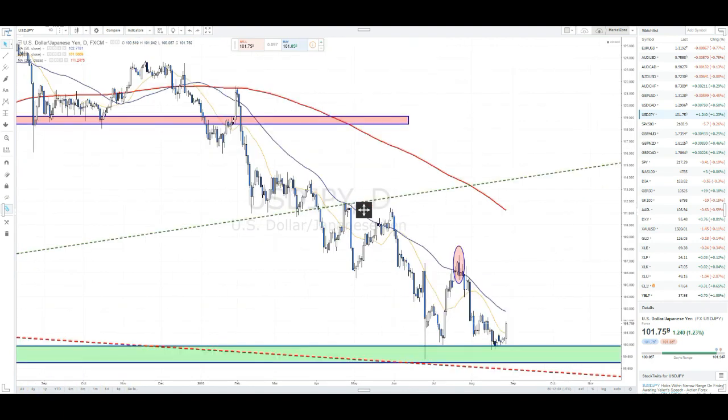When we zoom into the daily chart, we see a couple of things that made me want to look for bullish opportunities this week on USD/JPY. The first thing is the initial price reaction when the price spiked into the 100 support zone and tested the broken weekly downtrend line that I mentioned on the weekly chart.